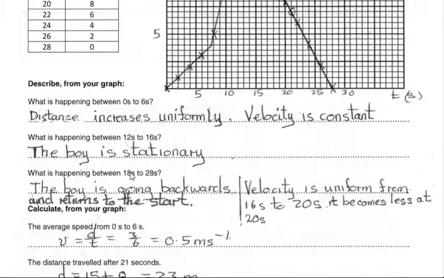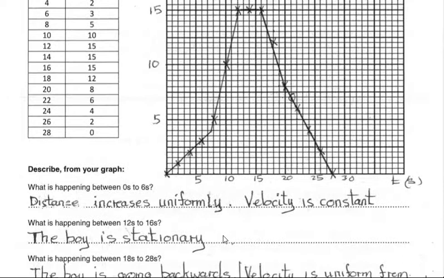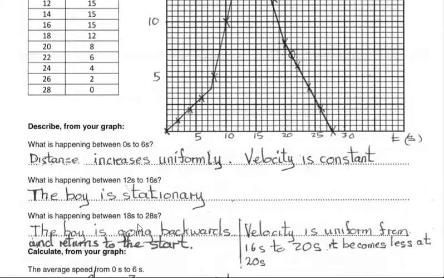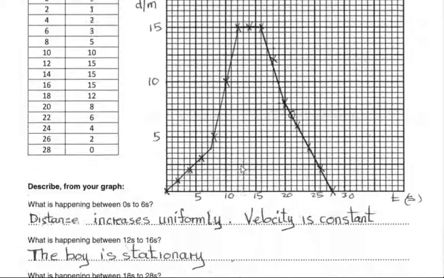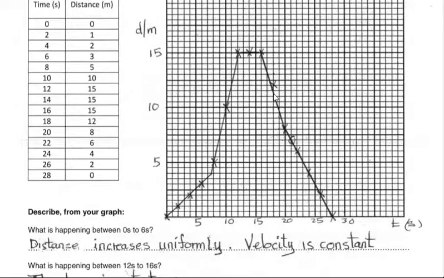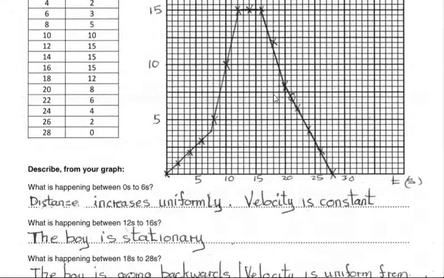What is happening between 18 seconds to 28 seconds? Oh, by the way, here you could also write velocity is 0. Velocity is 0 here. It's not moving. What is happening between 18 seconds to 28 seconds? Well, this is 18 seconds here, so we see where it is on the line. So it's this point here, that's 18 seconds, and 28 seconds is at the end of the data.